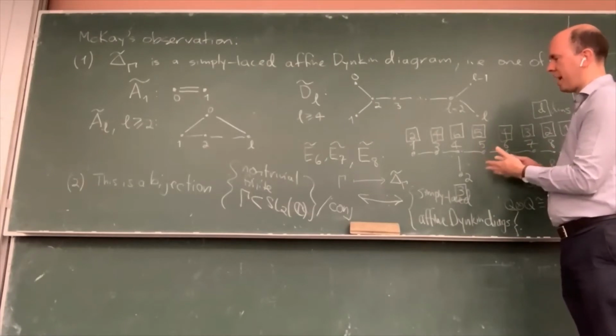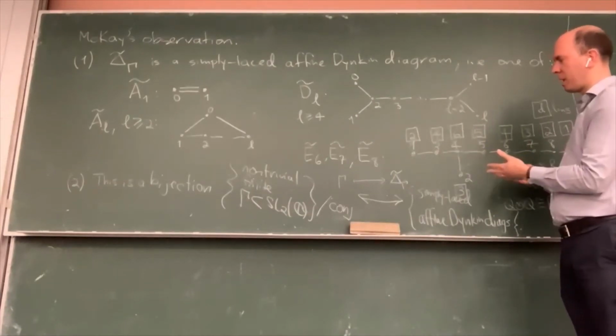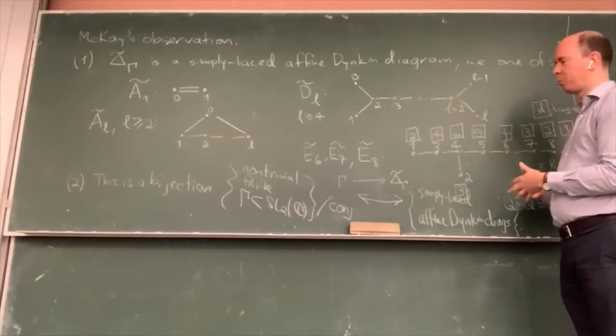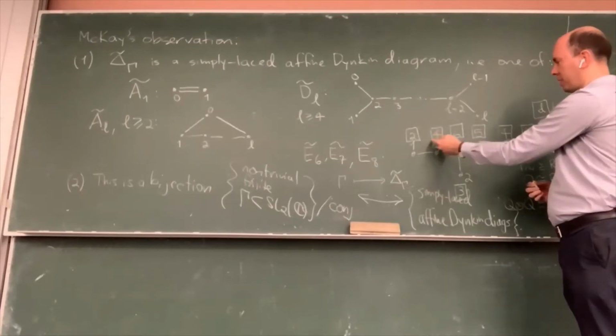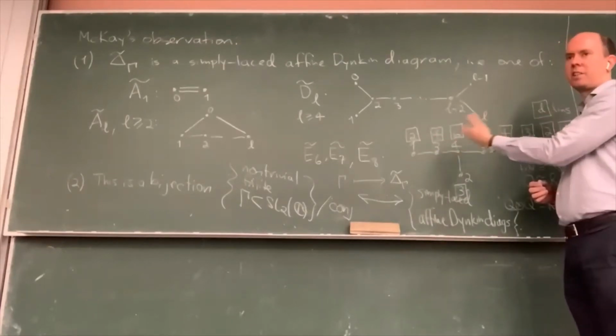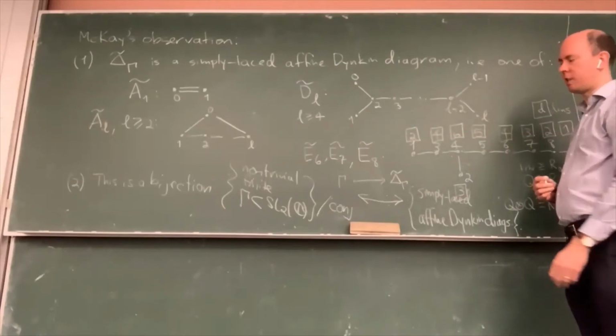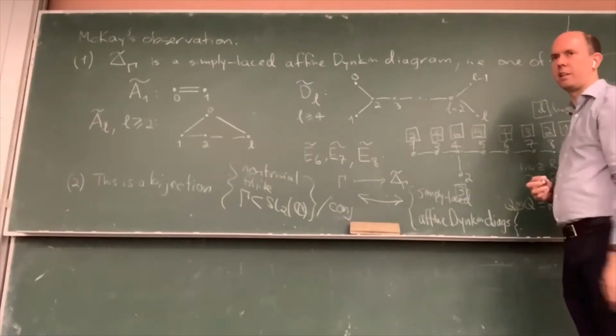So if all you knew was that, it's a much stronger statement to say that there actually is a finite subgroup of SL2 whose irreducible representations have these dimensions, such that this graph records the tensor product decompositions when you tensor with the standard two-dimensional representation.